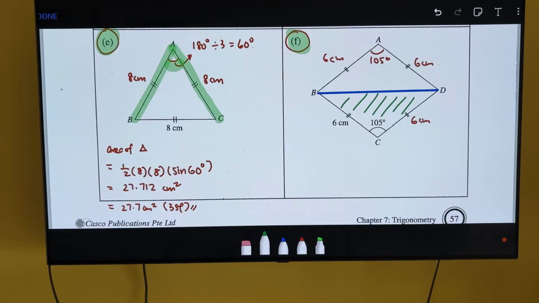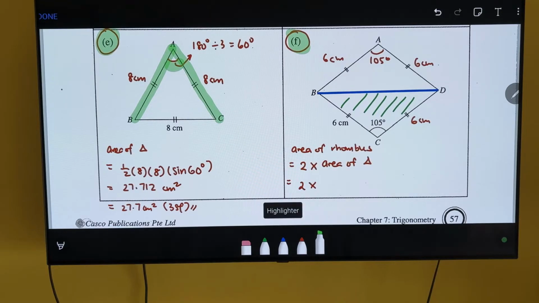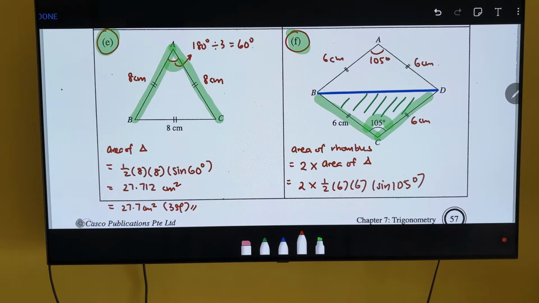So area of rhombus, 2 times of the area of the triangle. So it's 2 times of half AB sine C. What's our A, our B and C? Our A is here, our B, C is the included angle. Let's put these into the calculator.